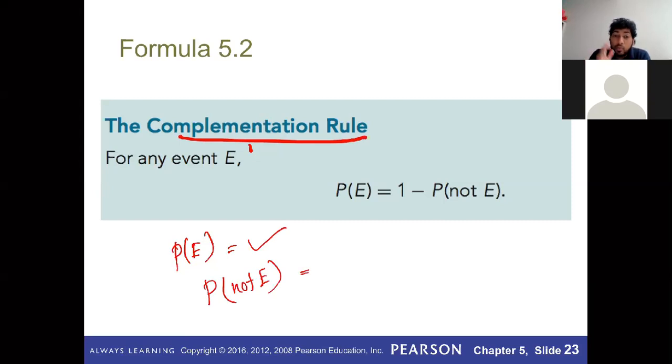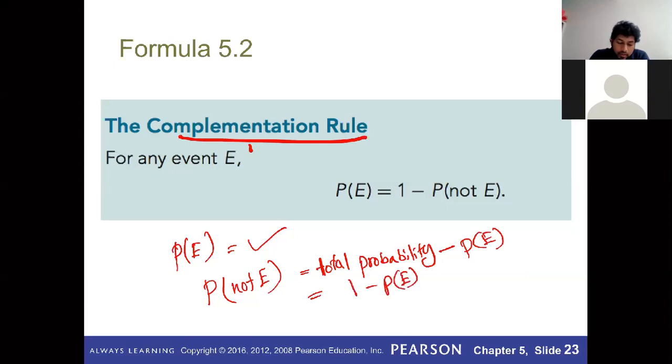Total probability is 1. So total probability minus the probability of that particular event, which means 1 minus P(E) equals the probability of not E.